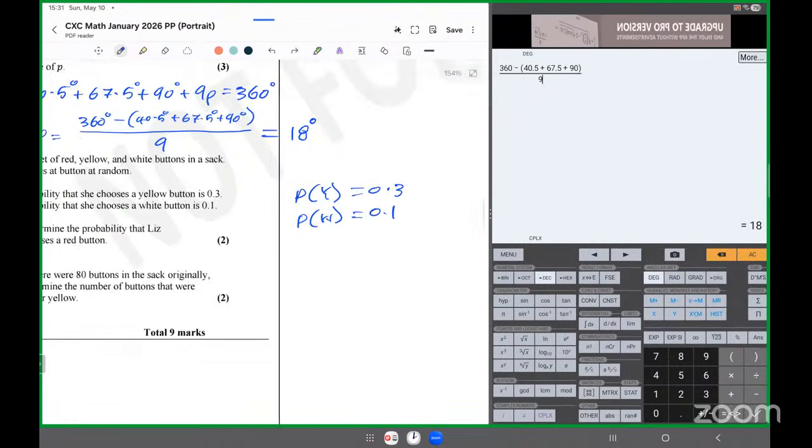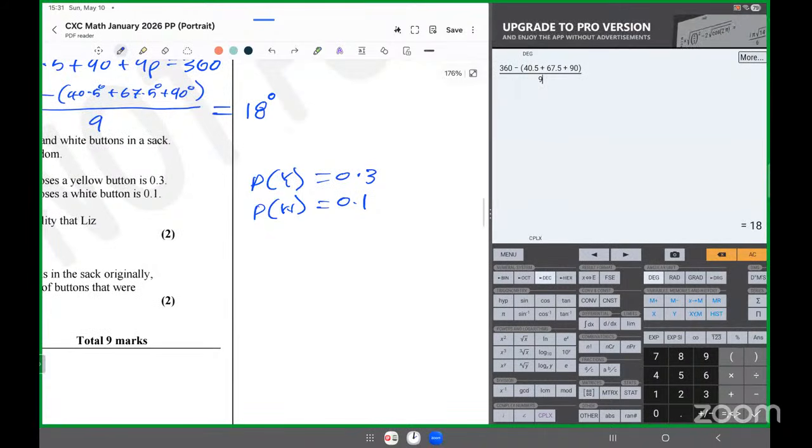The probability of the red must equal the total probability, 1, minus the two we have so far, because the three of them must add up to 1.